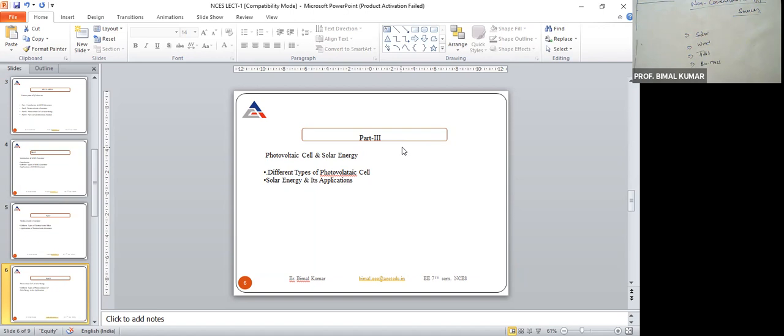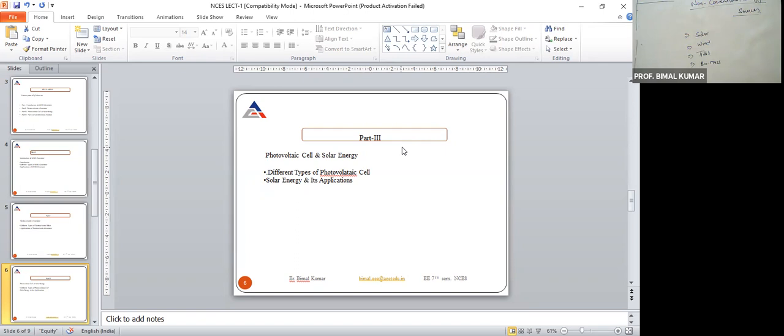So depending upon the requirement, because in your surroundings also number of solar cells or solar panels are available, right? There is huge scope for even jobs in this area, in the area of the solar panel, right?